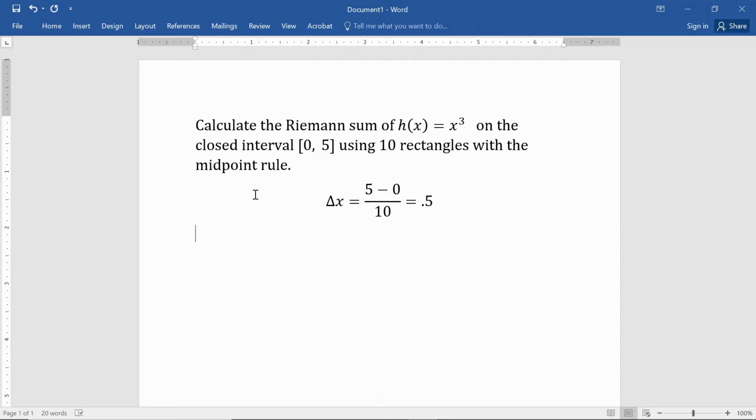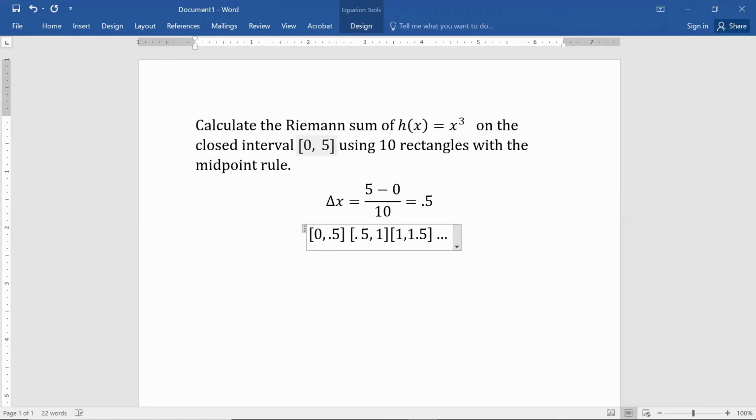Riemann sum, I'm going to create my subintervals so I don't have to go back. My subintervals are going to be, since I'm starting at 0, the first one is going to go from 0 to 0.5. The next one is going to go from 0.5 up to 1. The next one is going to go from 1 up to 1.5.